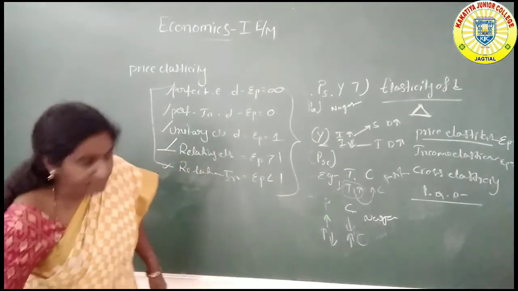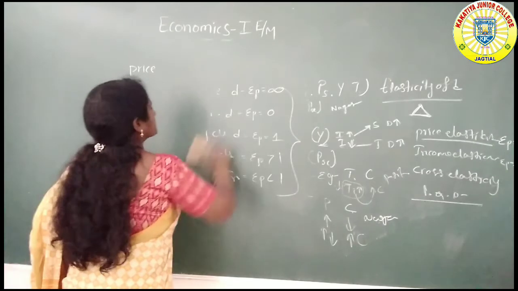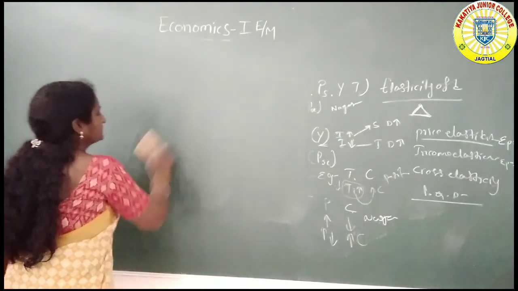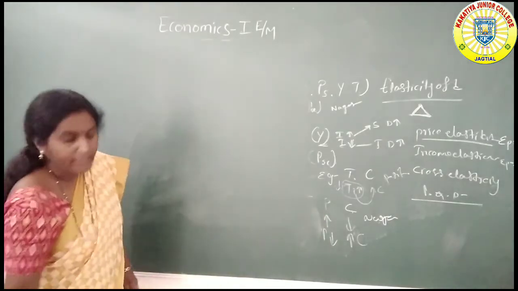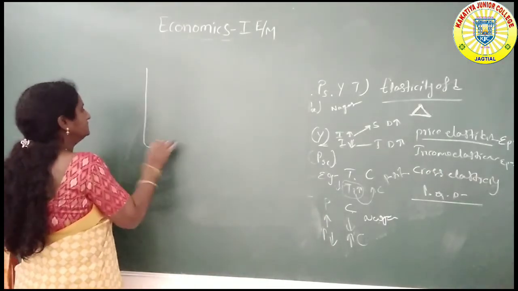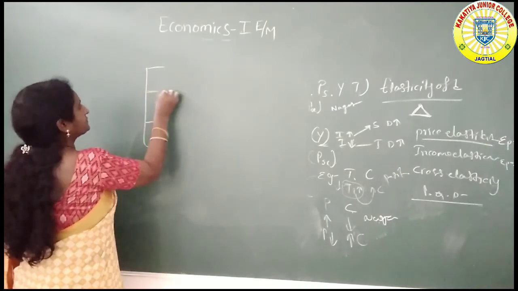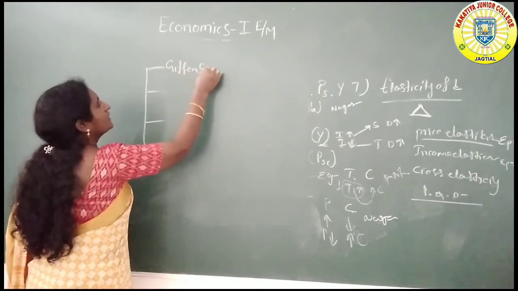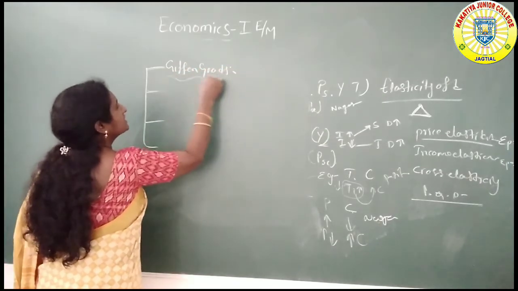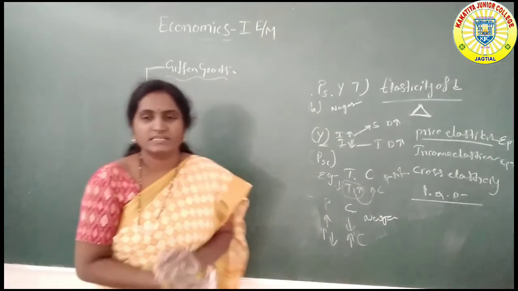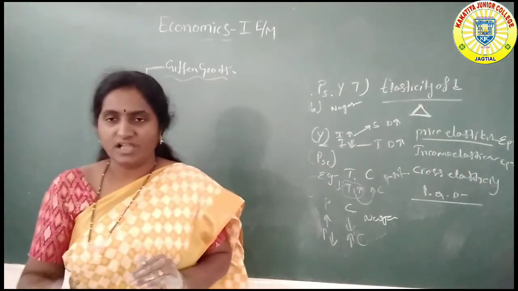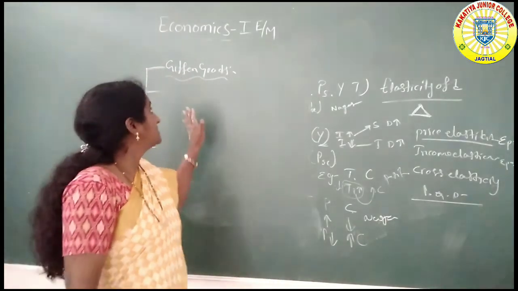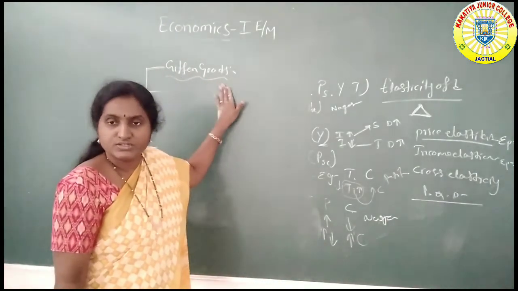And another question: Giffen goods. Giffen goods means necessities, daily food items like ragi, jowar, bajra, broken rice, etc. Sir Robert Giffen introduced these goods.